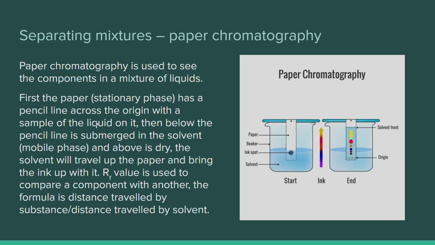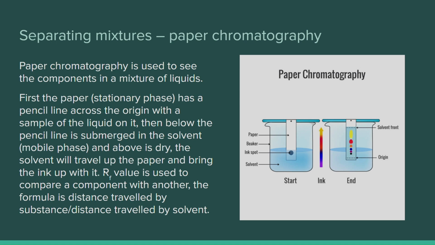Then you put a small sample of the liquid, or the ink in this case, on it, and the pencil line is just about submerged, but the rest is above the water, so it's all dry. The solvent, the liquid, will go up. That's the mobile phase because it's traveling, and it will bring some of that ink up with it, but it will separate it out into its components because it's a mixture, so they'll have different solubilities.